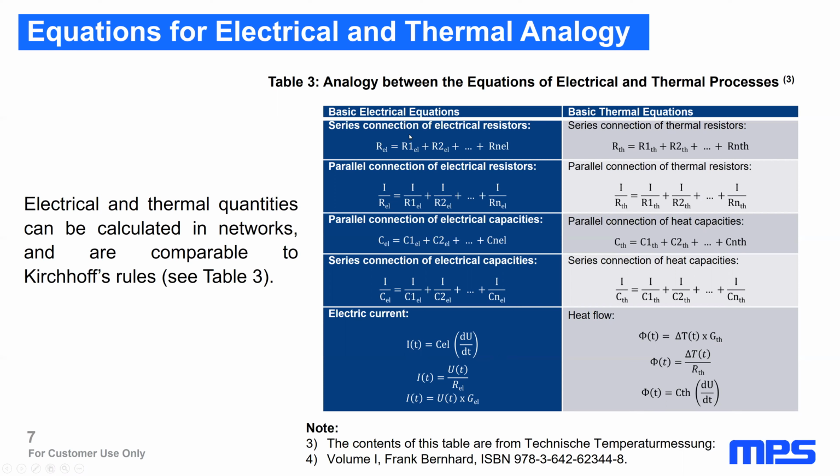The equivalent for this equation is the addition of thermal resistors. Paralleling is the same. And for the transient calculation, if you want to do it, you can use the thermal capacity. It's like a capacitor. And the heat flow is the same as the electric current. Just the same mathematics behind.